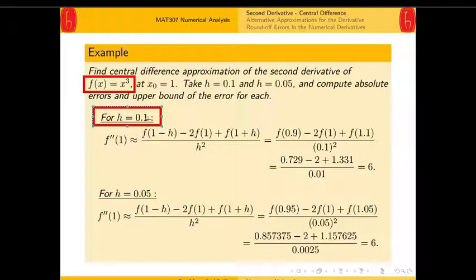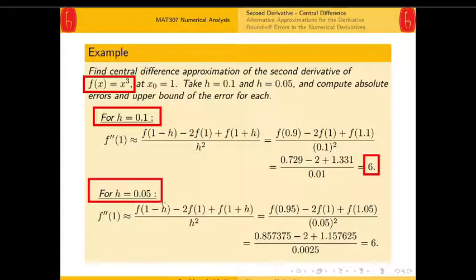And if we substitute h equals 0.1 here, we will obtain f of 0.9 minus twice the function value at 1 plus the function value at 1.1, divided by h squared, which is 0.1 squared. And then if we substitute all these values in the function formulation and obtain the results, after some arithmetic, we will obtain that the second derivative is approximated by 6.